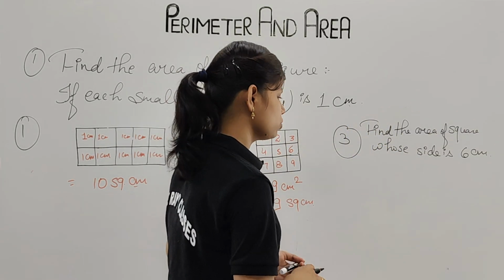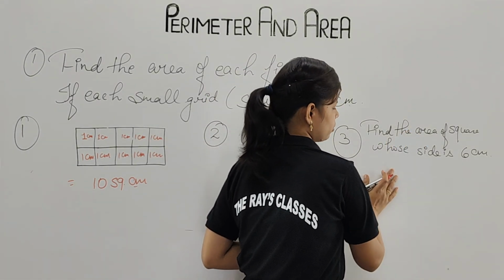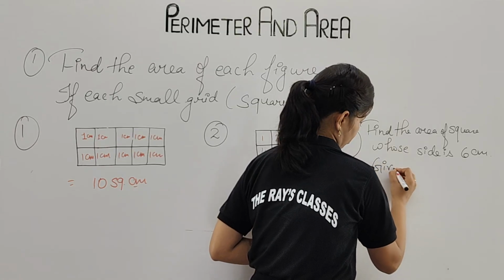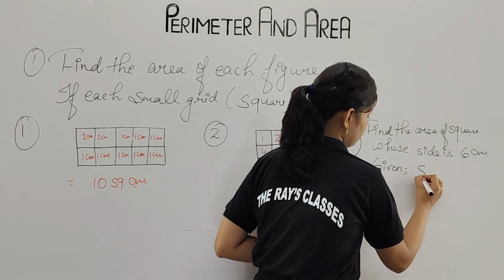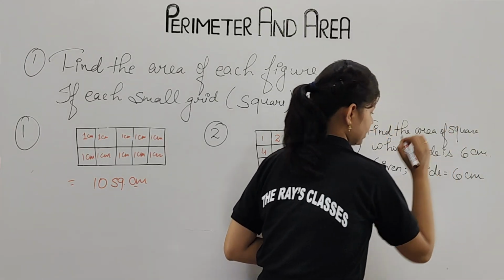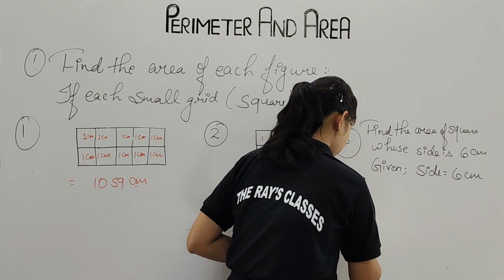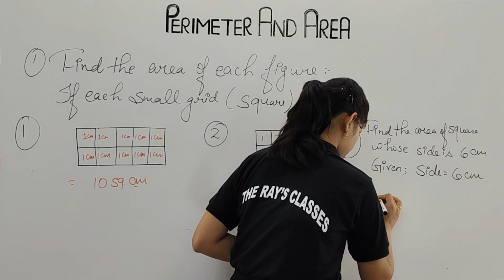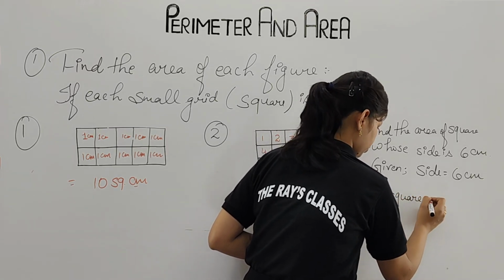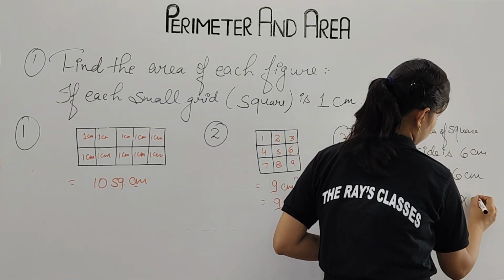So your job is, first of all, to write: find the area of a square whose side is, given. What is given? Side equal to 6 centimeters. Understood? Next, you will write the formula: area of square equal to side multiplied by side. Easy for you to understand.